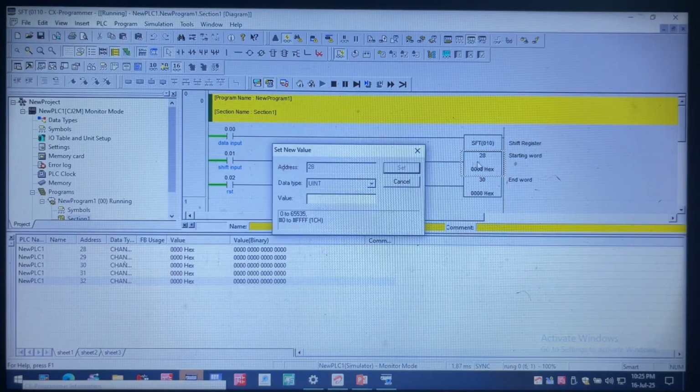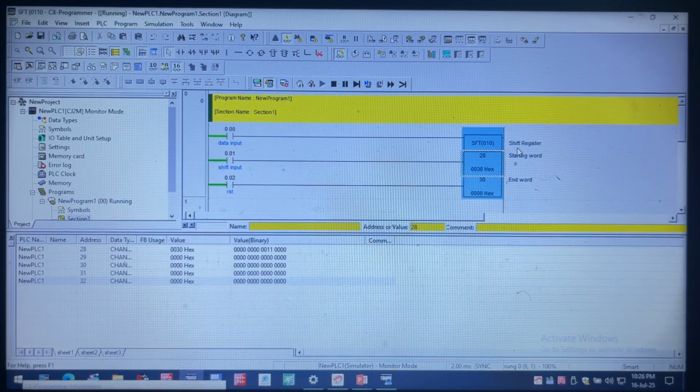So first the value, 30, sorry, this is the 13th. Okay, 28 is the 13th, the hex value 30. Now when the shift input goes from off to on, the bits change from LSB to MSB side.